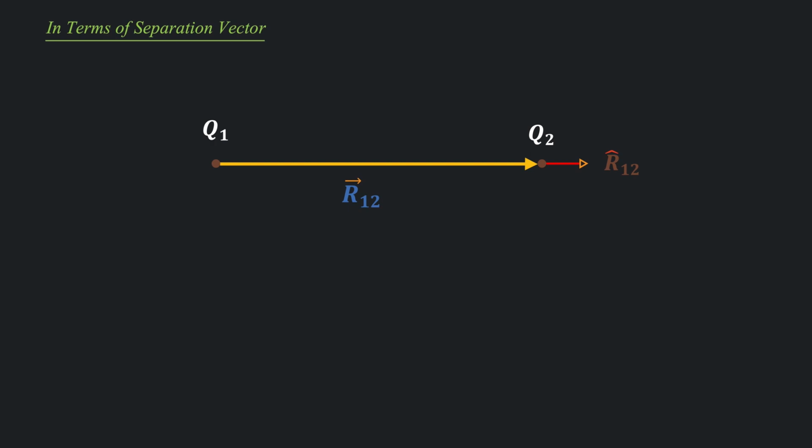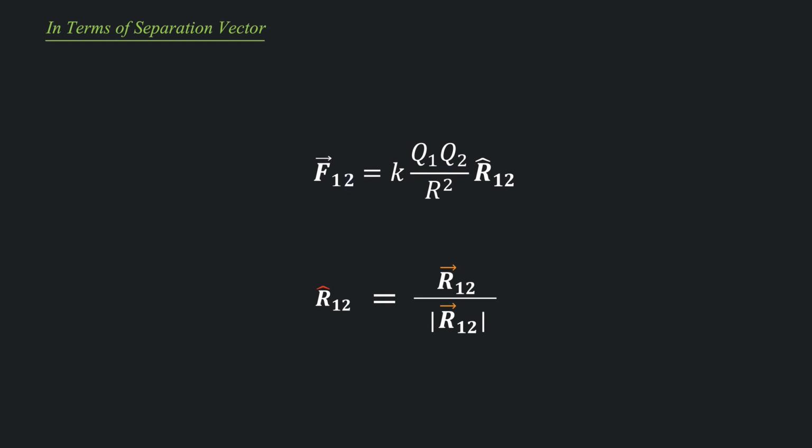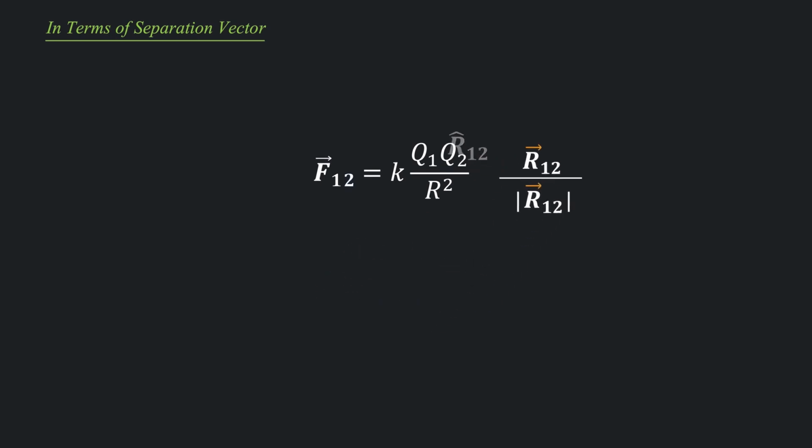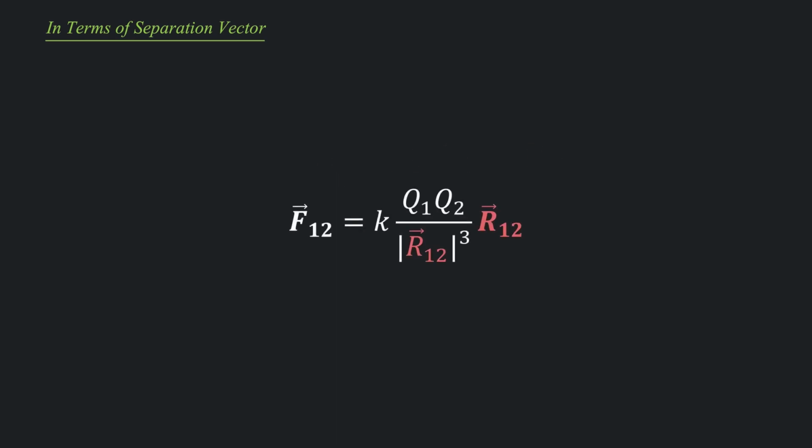As we know, the unit vector is equal to the vector divided by its magnitude. So we can write r12 hat equals vector r12 divided by modulus of r12. Here modulus of r12 is the same as r. Let's rewrite Coulomb's law using this expression. Vector r12 is sometimes referred to as the separation vector.